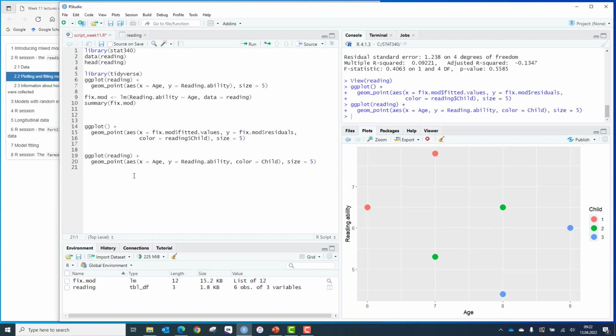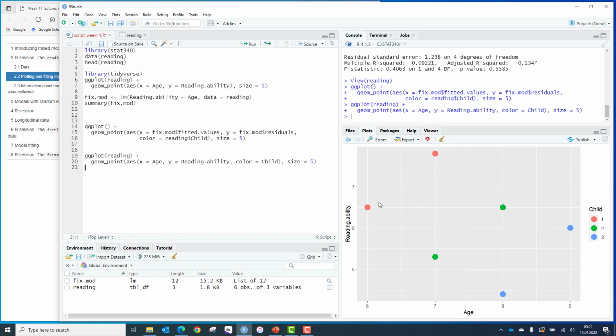And this tiny little example is a nice one to illustrate how important it is to have this extra information about how the data were collected. That these two are from the same child, these two and these two. And these are not independent, right?